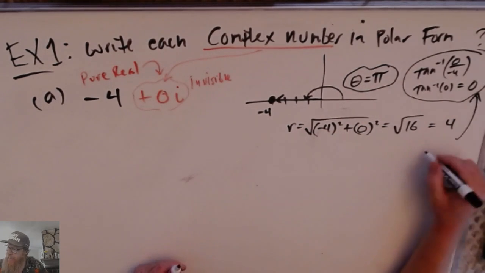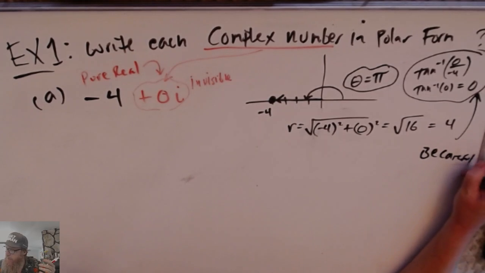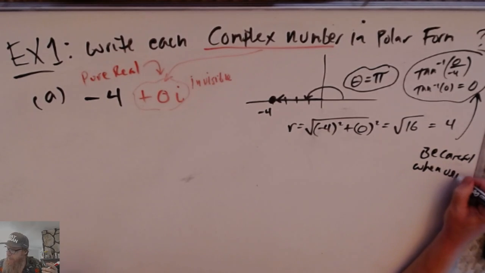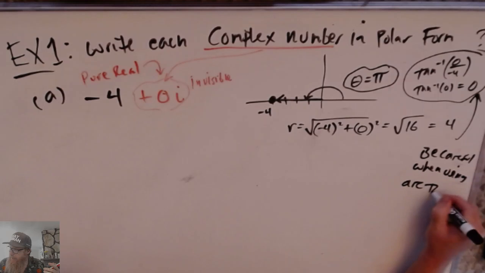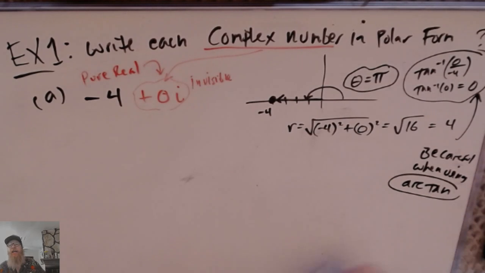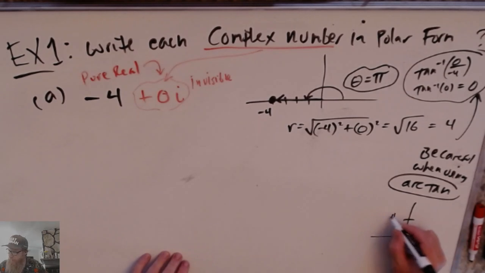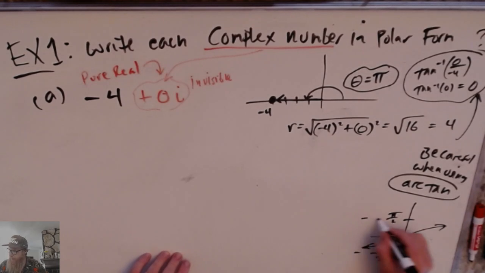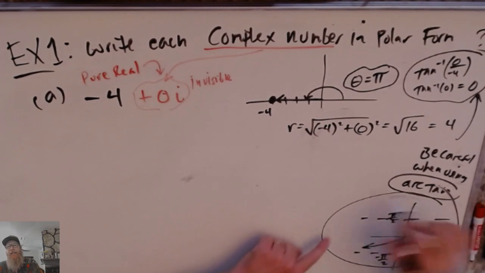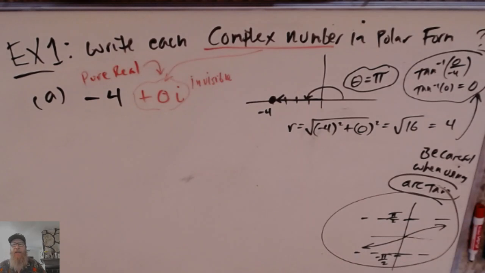So you need to be careful when using arctan. Arctan is another way of saying tan inverse. Remember, arctan only gives you a value between pi/2 and -pi/2, so you're never going to get an angle outside of that range.